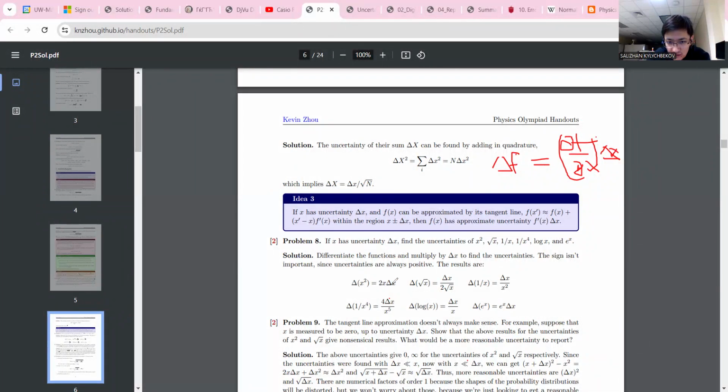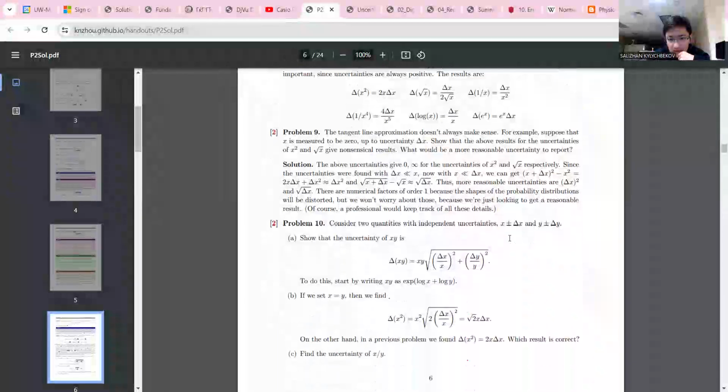In the first case you get 2x delta x, in the second case the factor 1 over 2 drops out. So independent ones add in quadrature; in the dependent case it's just linear. Just remember that. I will give you the final general equation so that you don't get confused.